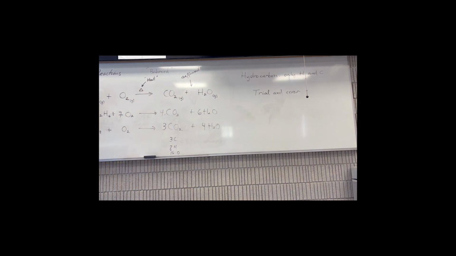Not balanced. How do we make this a 10? 2 times 6. Oh, wait, no. You're on the right track. 2 times 6, no, but that's 12, so 2 times what? Oh, 2 times 5, yeah. 5. There you go. A 5 there. We'll make that 5 times 2, 10.